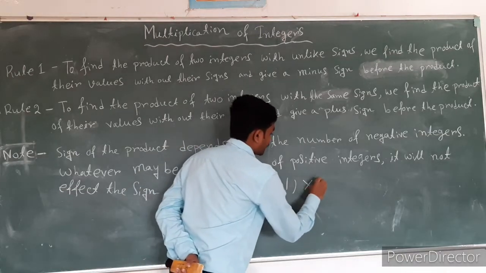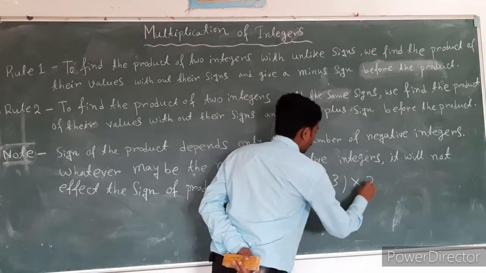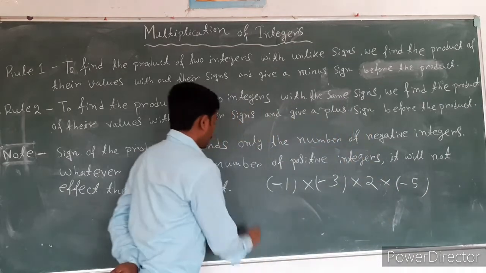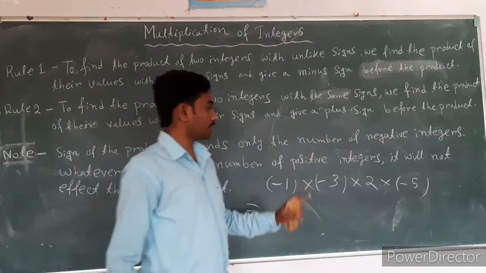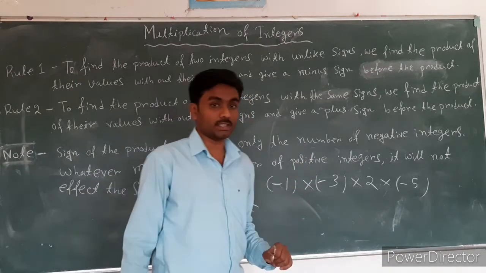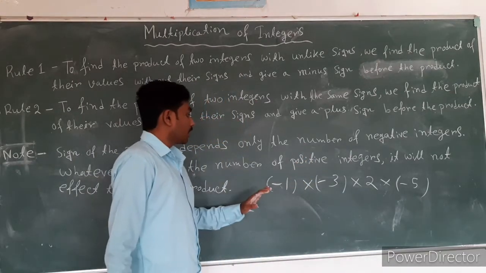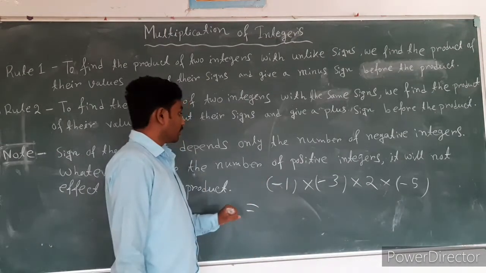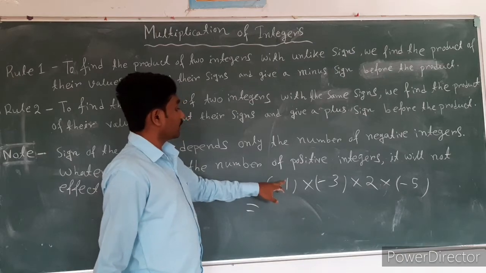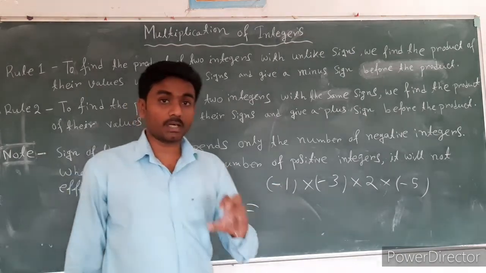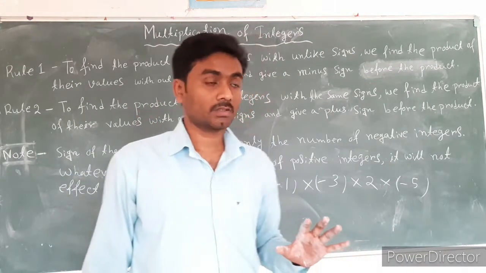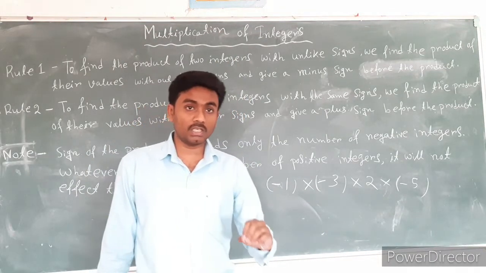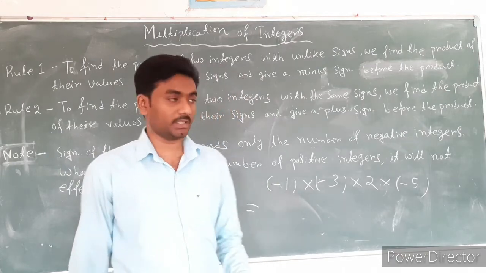I give you another example: -1 into -3 into 2 into -5. There are how many integers? There are 4 integers. And what will be the sign? To decide the sign, first we count the number of negative integers, because the sign of the product depends only on the number of negative integers.